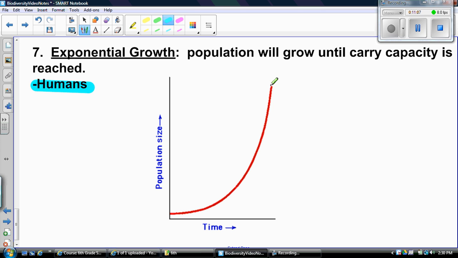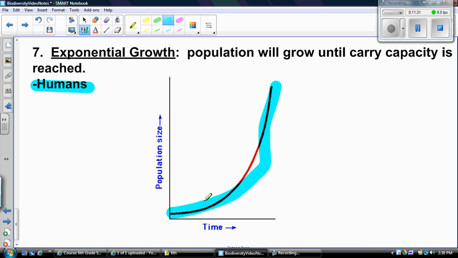Now, eventually, if the human population continues to increase, we will reach carrying capacity. Earth only has so many resources, and eventually the Earth's carrying capacity will be reached and our population might start to decrease. Now, that doesn't necessarily mean that something won't happen before that.